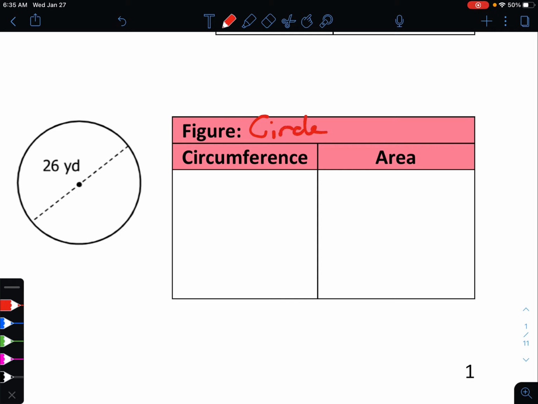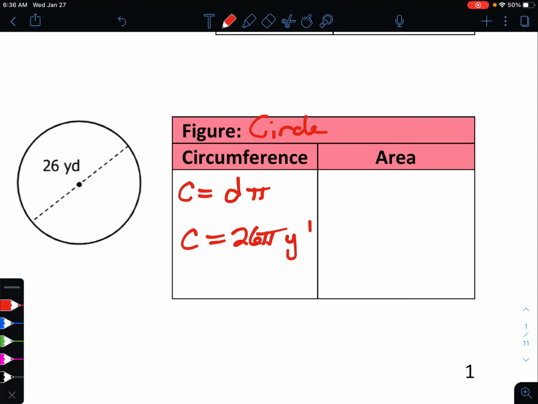Since we already know the diameter is 26, we would just plug that into our equation. So 26 pi, and then actually at this point, instead of trying to multiply it by the number for pi, which is 3.14, that's actually just going to be how we leave our final answer.